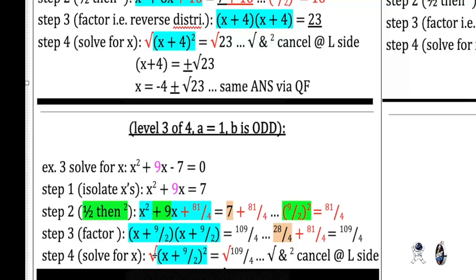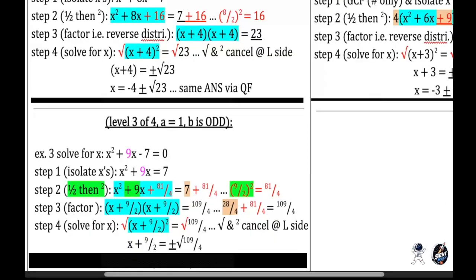I square root both sides so that the square root and the square can cancel because I want to get rid of the square and eventually isolate x. And just like the previous examples, after square rooting both sides, the square root and the square cancel, and the square disappears, and we get a plus minus scenario on the right side.